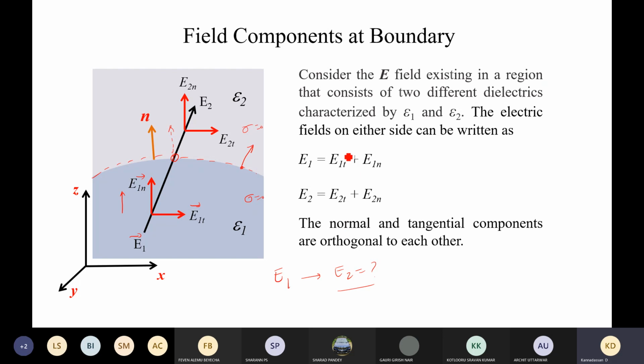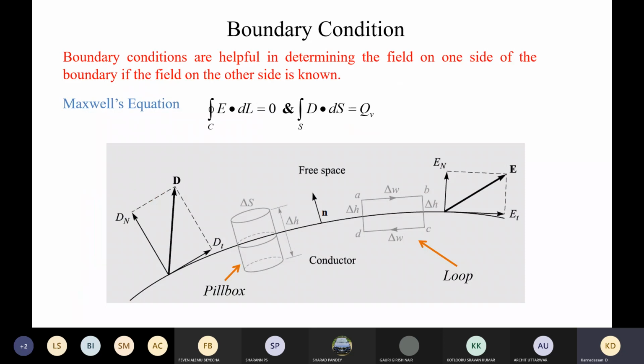For this particular case, we have divided the field into 4 components: 2 tangential components and 2 normal components. We are going to find the link between them. If we find the link between them, then we can find the link between E1 and E2. So for doing this work, we are taking two very fundamental equations. One is Gauss's law, which states that the integration of the total flux density will be equal to the total charge.